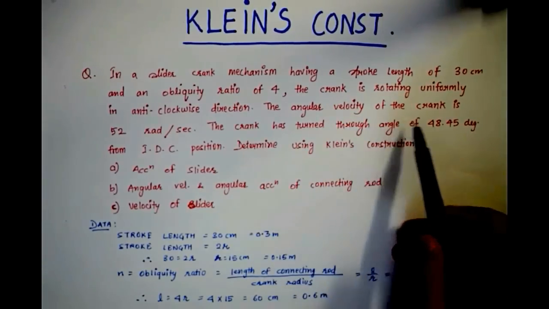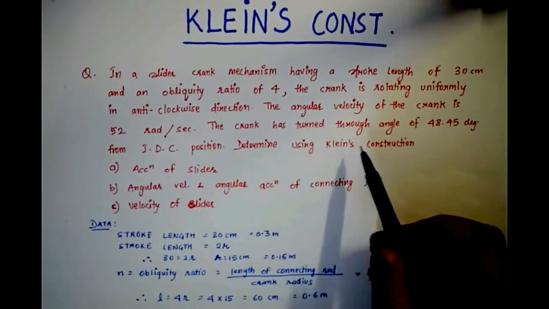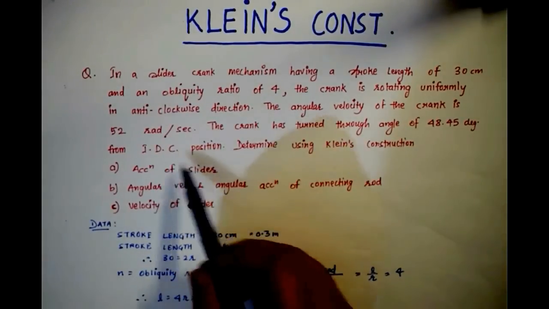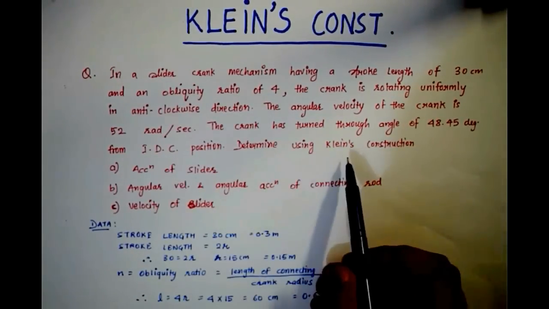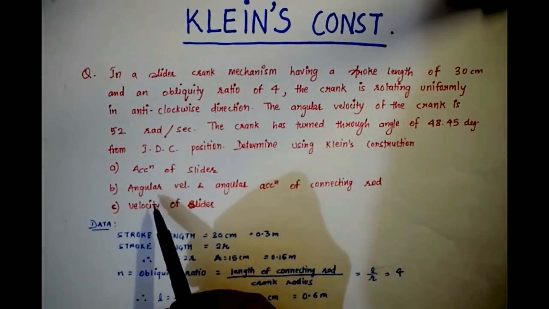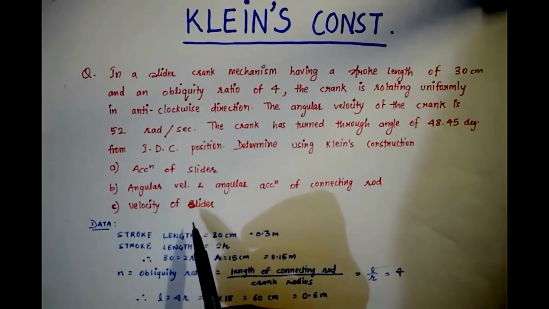The angular velocity of the crank is 52 radian per second. The crank has turned through an angle of 48.45 degree from the inner dead center position. Determine using plane construction the acceleration of slider, angular velocity and angular acceleration of connecting rod, and velocity of slider.